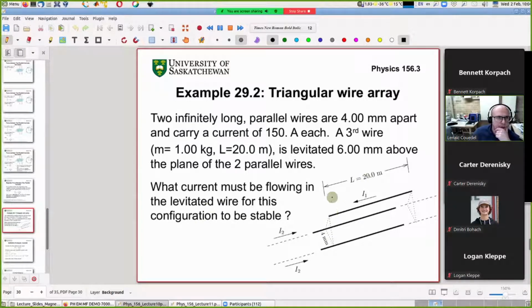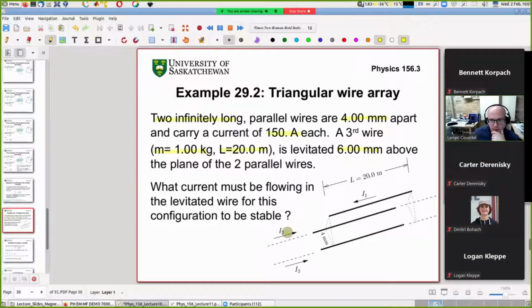So let's first identify the givens. Two infinitely long wires, 4 millimeters apart, 150 amps each. The third wire, 1 kilogram, a length of 20 meters, 6 millimeters above the plane of the two parallel wires. And if you look at the schematic, there are two important pieces of information as well.